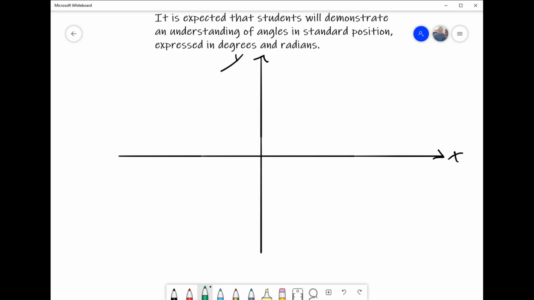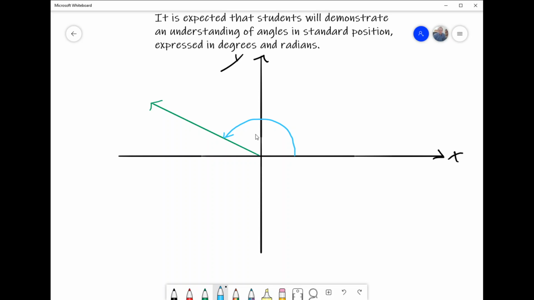So if we have a specific angle coming out in any direction, then that angle will be measured relative to that x-axis in the counterclockwise direction. If you measure it clockwise, then you're giving that angle a negative number.